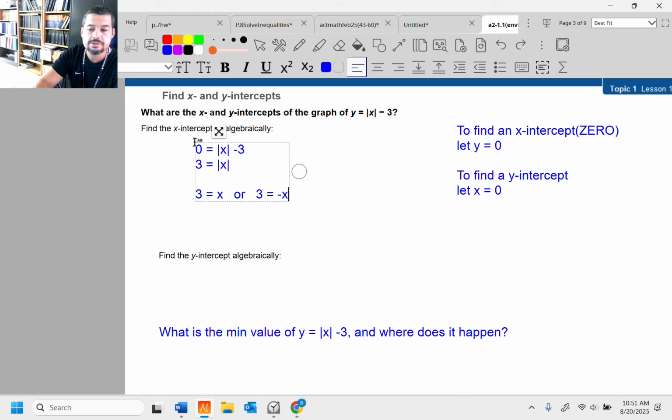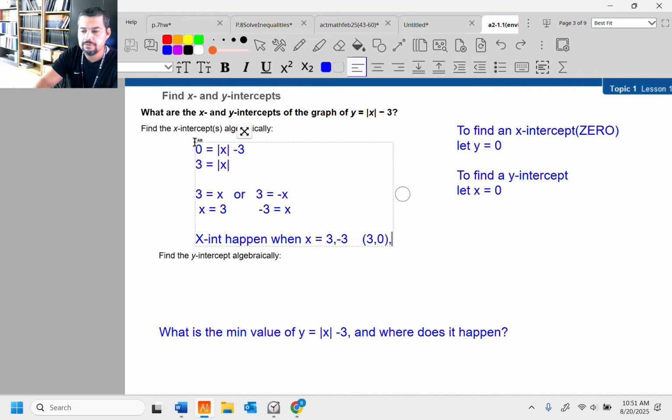So 3 is x, or 3 is negative x. And this one's already solved. I know it's backwards to you, but it's already solved. It says x is 3. This one, if we divide out the negativity, says negative 3 is x. So our x-intercepts happen when x equals 3 or negative 3. And to be thinking about ordered pairs here, we let y be 0, right?